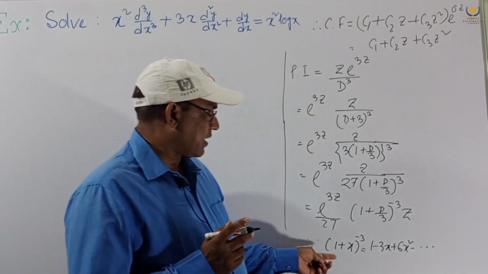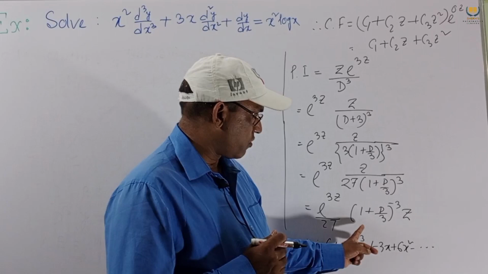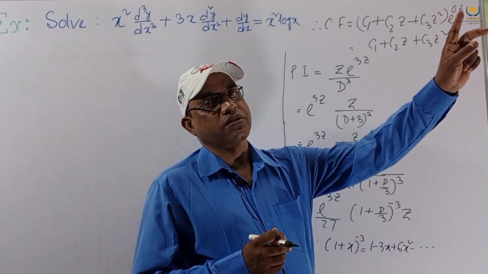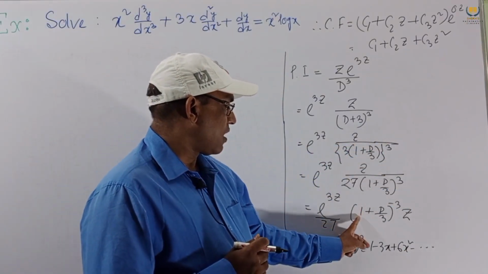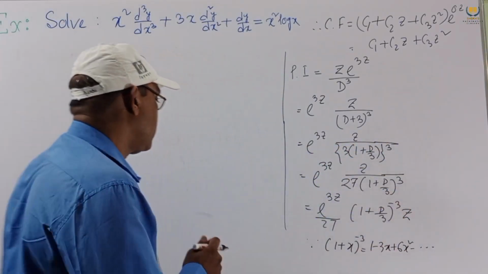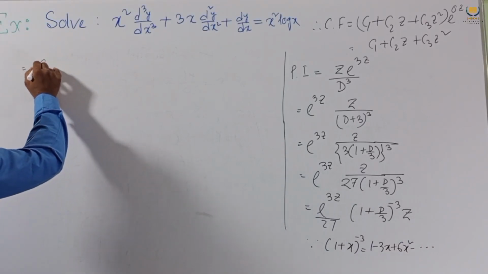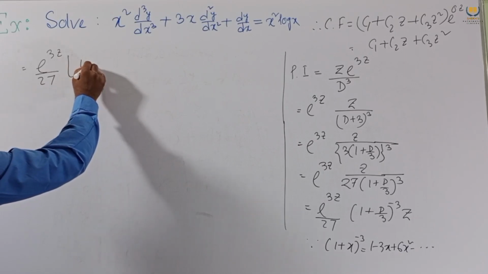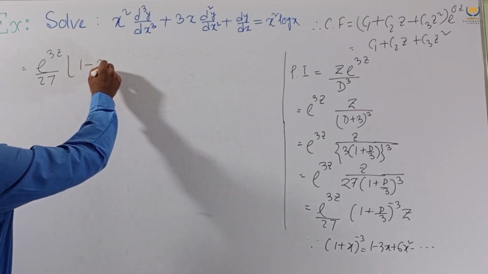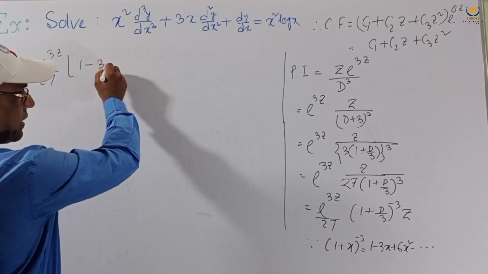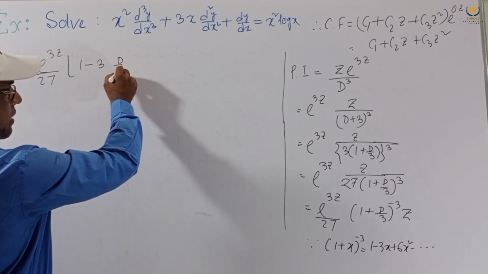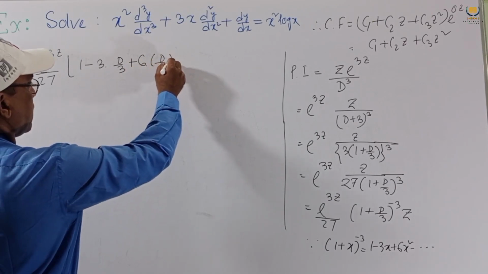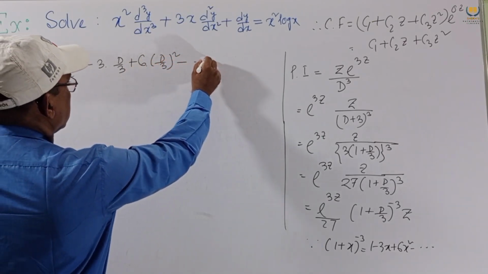So in case of binomial series, 1 plus x whole to the power minus 3 equals 1 minus 3x plus 6x square minus dot dot dot. Expand this in our case: 3z by 27, 1 minus 3x, where x means D by 3, plus 6x square, D by 3 whole square, minus dot dot dot.